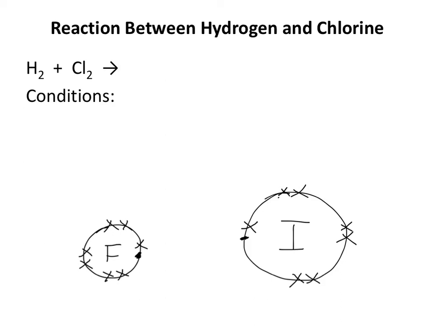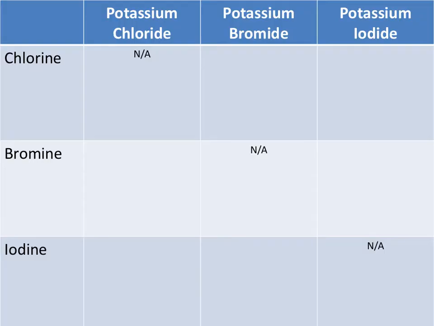So let's see how that affects displacement reactions between halogens and halides. Hopefully you've got a reasonable idea of how a displacement reaction works. A displacement reaction occurs when a more reactive element displaces a less reactive element from a compound. So let's see how the halogens interact.